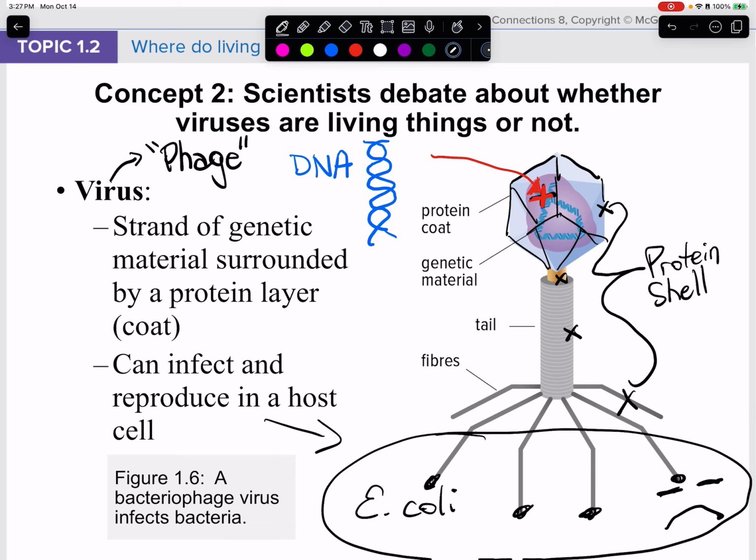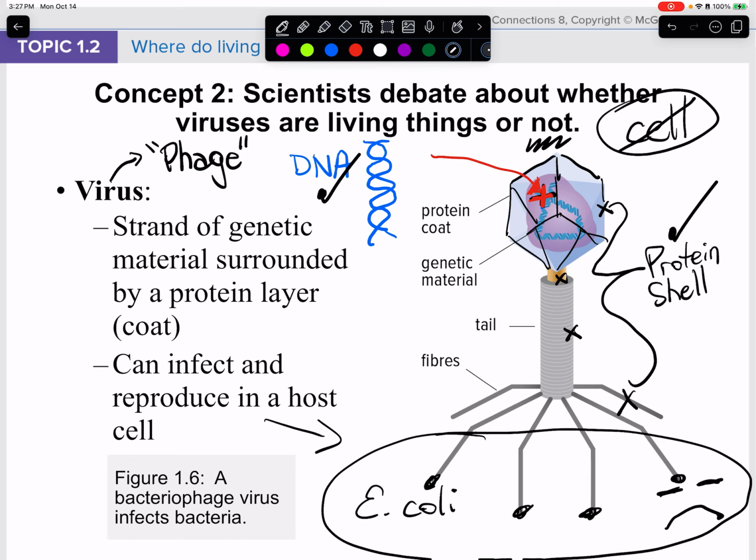So viruses are basically genetic material, like DNA, inside of a container. That's not a cell. This is not a cell. And it doesn't reproduce. It doesn't follow the cell theory. So they're considered mostly to be not alive.